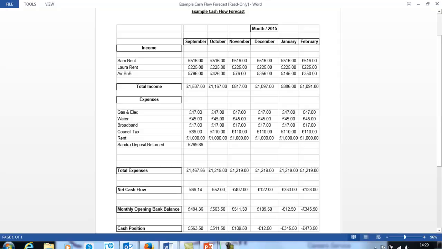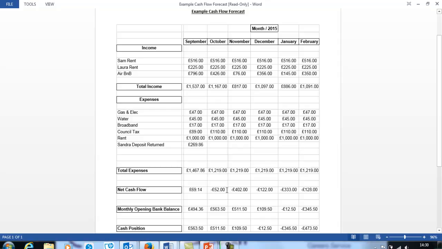So this month, the total income, so Sam's rent, Laura's rent, and the Airbnb income, totaled only 1,167. Now the expenses this month were 1,219. So that means we don't have a surplus this month. We are £52 down. So income minus expenditure, expenses, gives us minus £52.